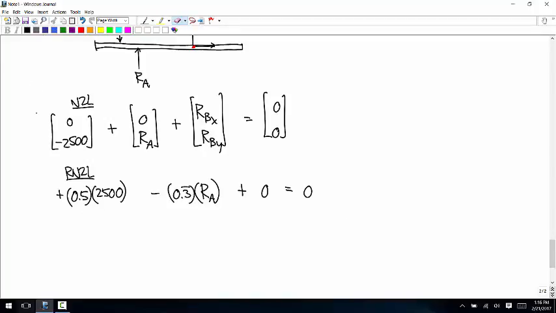So this equation says 1250 is equal to 0.3 repeating RA, so RA is 3750.